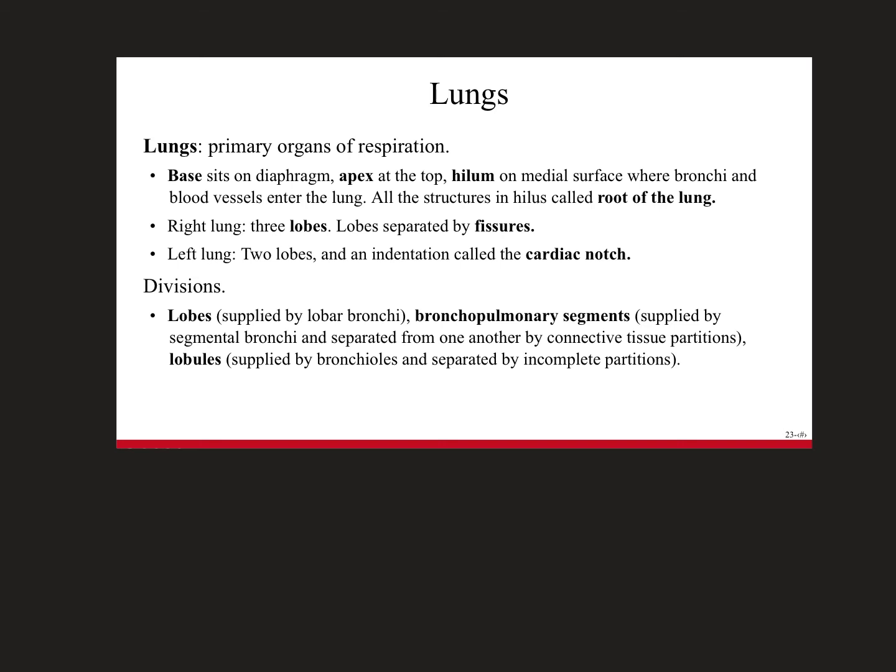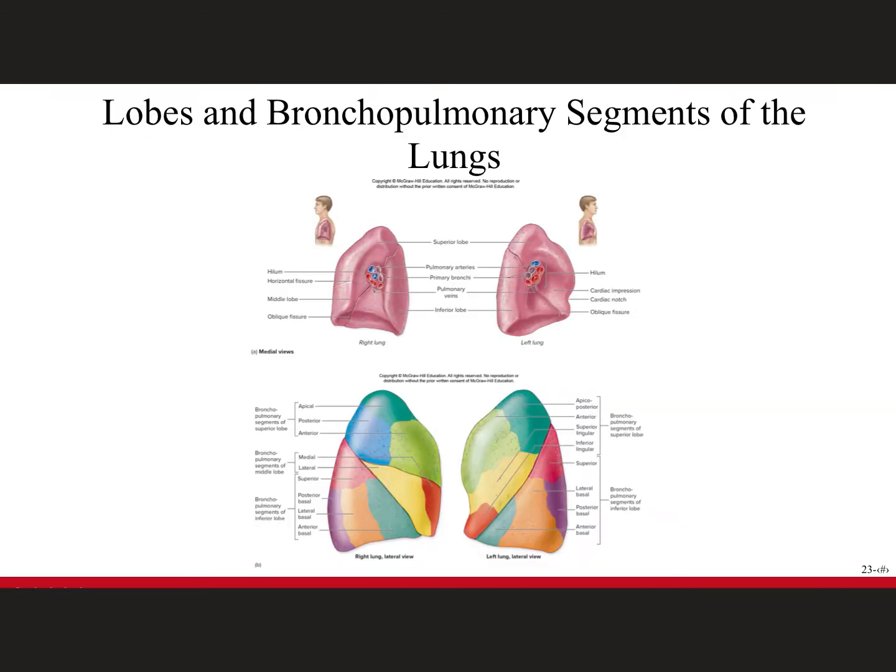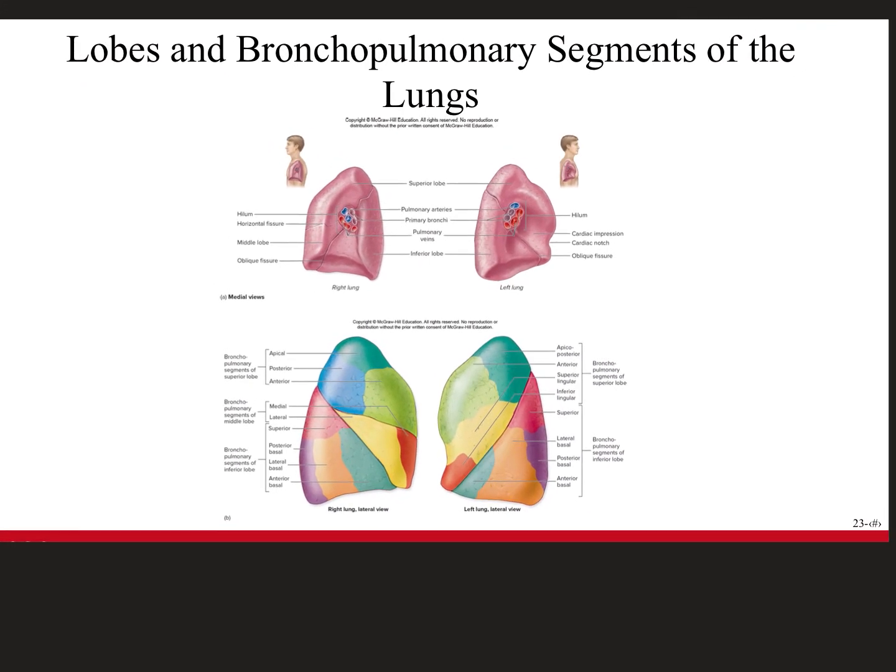I am not going to ask you to identify the bronchopulmonary segments associated with each lobe. Okay, so if you look at this diagram, I'm not going to ask you to identify all of these different segments. All you need to know is the superior, the middle, and the inferior lobes. Okay?